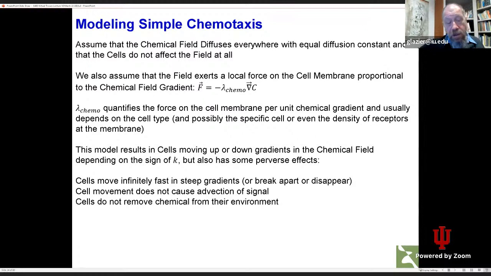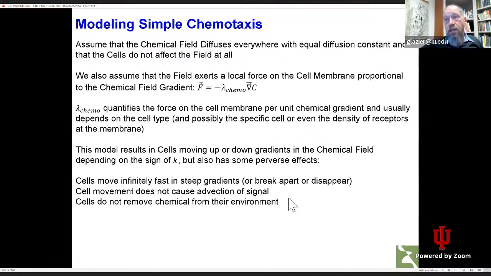As the gradient gets bigger, they move a little bit faster, but they have a relatively limited maximum speed. And so for strong gradients, the cell shouldn't move faster than for moderate gradients. With this kind of linear response, the cells move infinitely fast in very steep gradients, and they'll start breaking apart or disappearing, which is an artifact of the way we're doing the simulation.